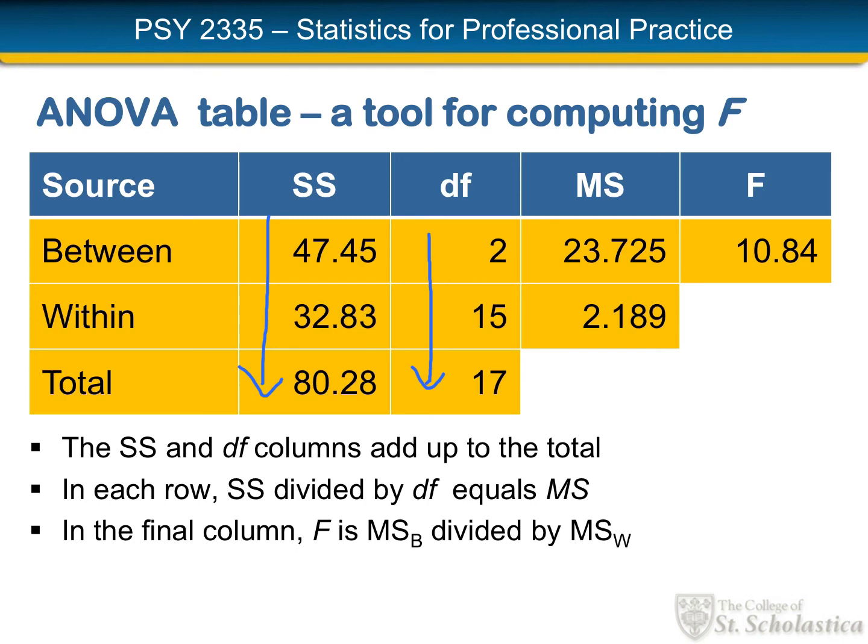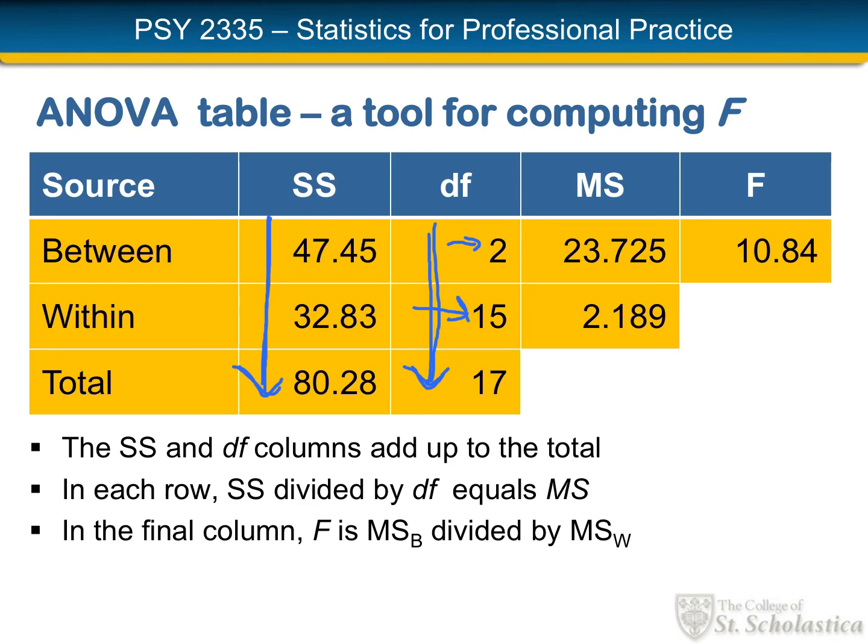So this table adds up, going down, for the sums of squares, and the same is true for the degrees of freedom. I have the degrees of freedom related to the number of groups minus 1. Then I have the total number of people minus the number of groups, and finally n minus 1 for my total degrees of freedom.